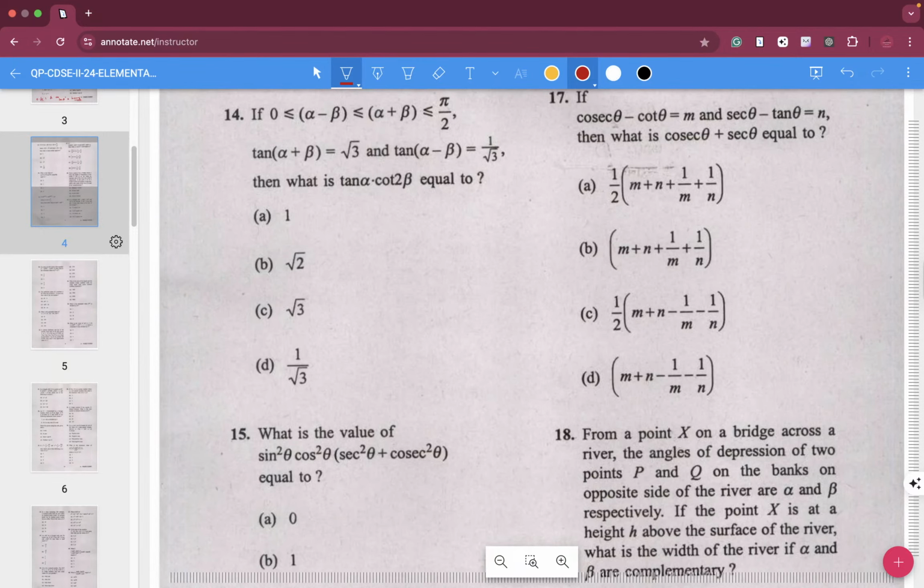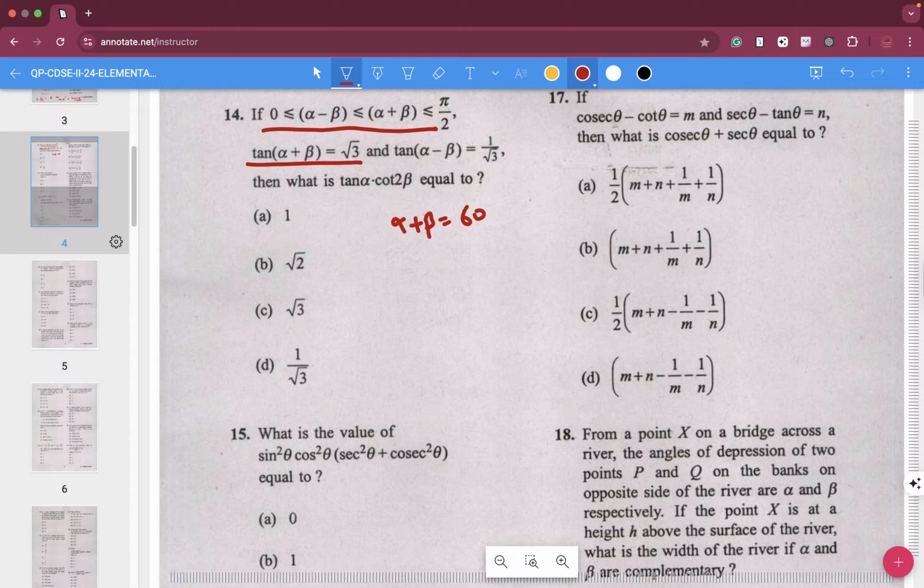Now look at this particular question. If alpha minus beta and alpha plus beta both lie between 0 to 90, let's forget this and just look at this. Tan of alpha plus beta is equal to root 3, so obviously alpha plus beta is 60, because tan 60 is root 3.